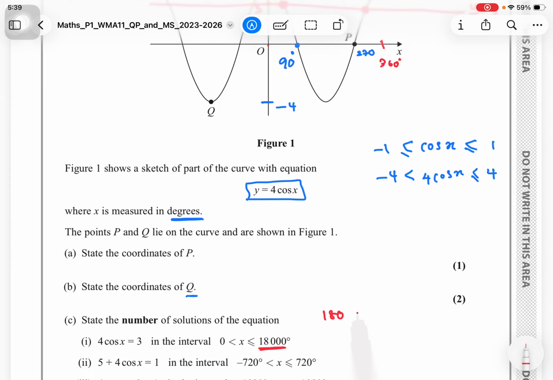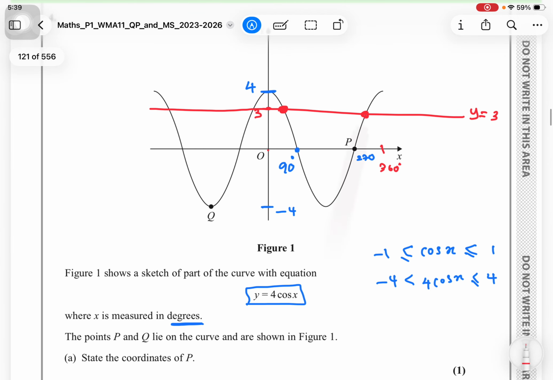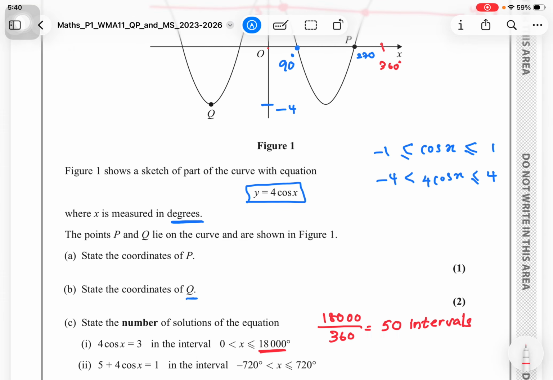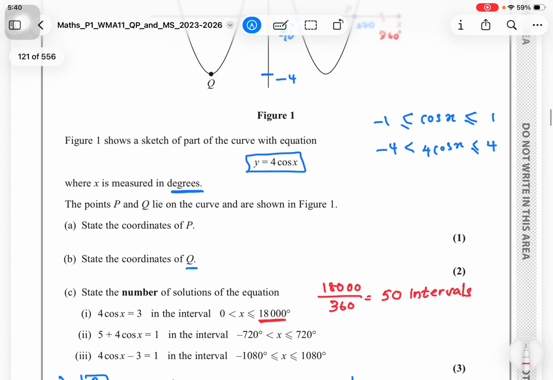This value divided by 360, how many intervals do we have? 50 intervals. If we have 50 intervals, these 2 intersection points are repeated in every interval. So the number of solutions is 50 times 2 solutions, which is 100.